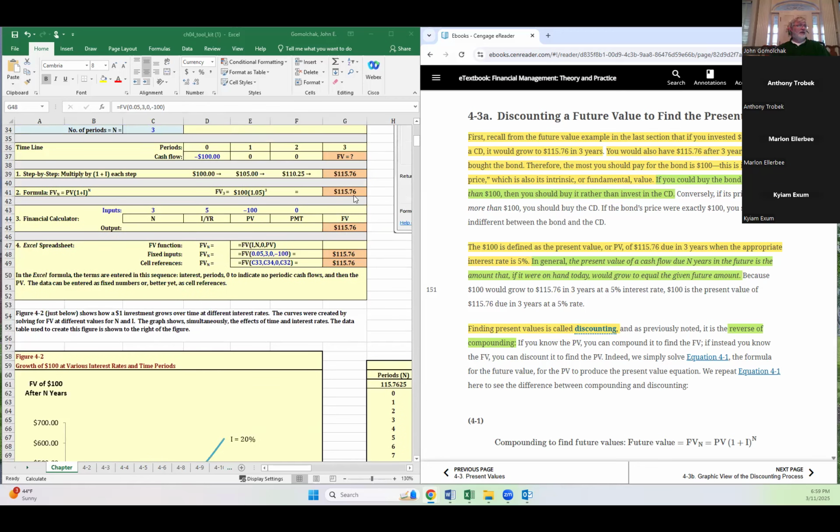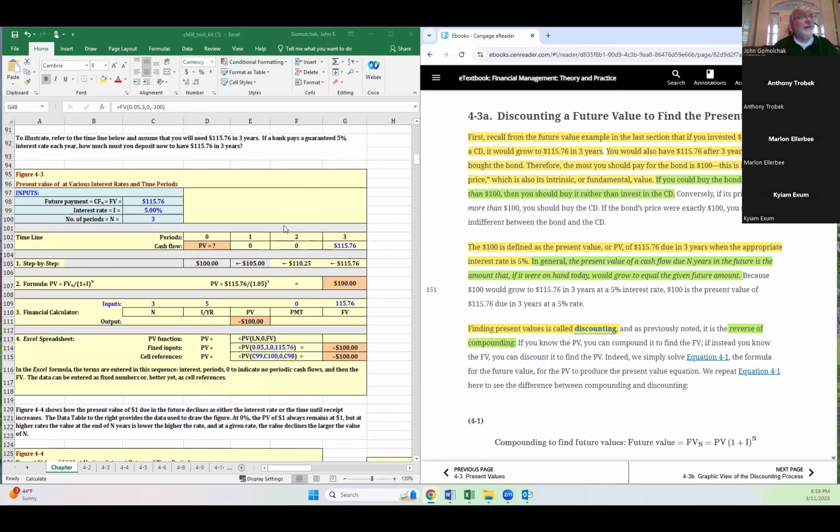And if I go back up here, you see that that's the value that we calculated that you would have compounding your interest on $100 at 5%. So we know what's going to happen when we do the present value calculation of this $115.76 3 years in the future at 5%. Okay.